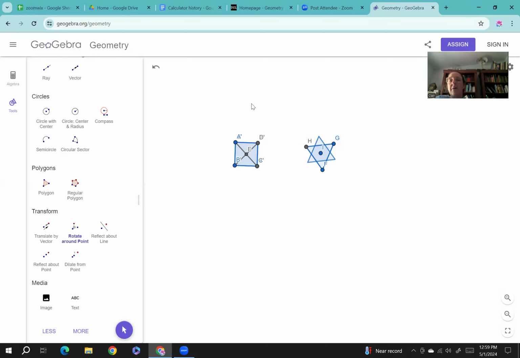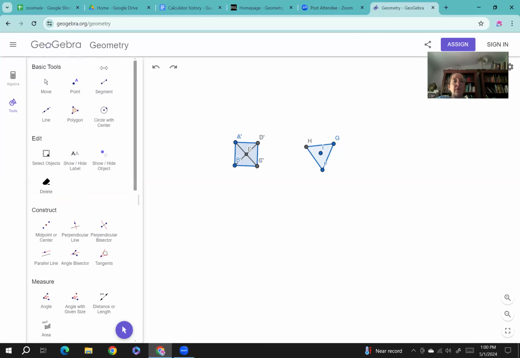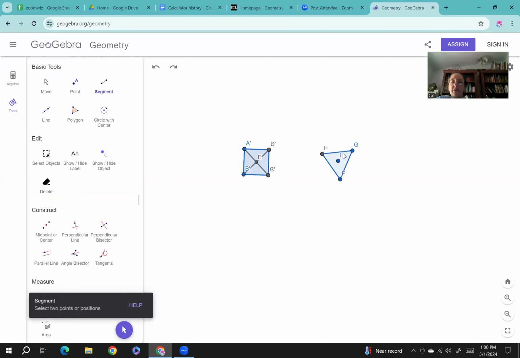That does not mean, however, that it has no rotational symmetry. It's just not 180-degree rotational symmetry. So let's look at what rotational symmetry this equilateral triangle would actually have. What I'm going to do is put on segments from this center point to each vertex so that you can visualize these central angles here.